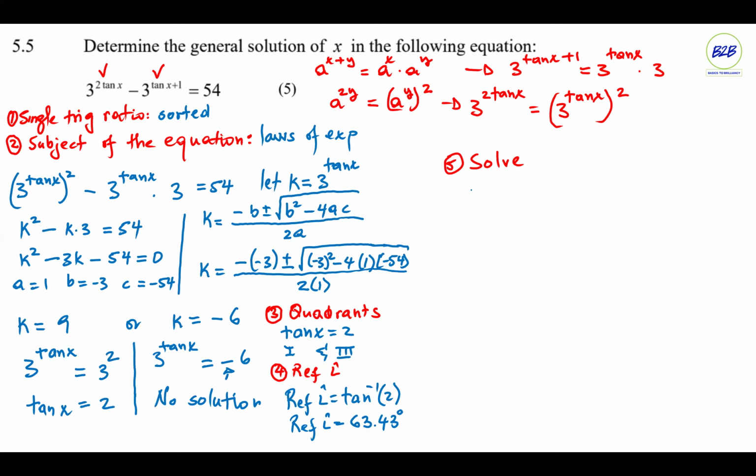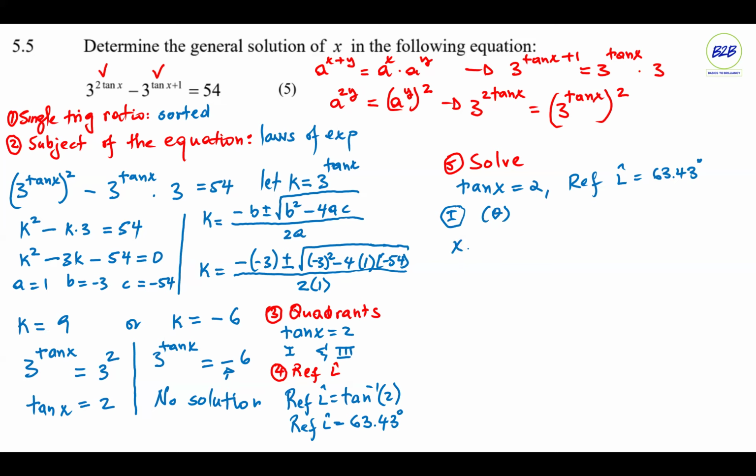So the problem that we are solving here is tan x equal to 2, where the reference angle is equal to 63.4 degrees. We selected the first quadrant where our reduction formula is just theta.